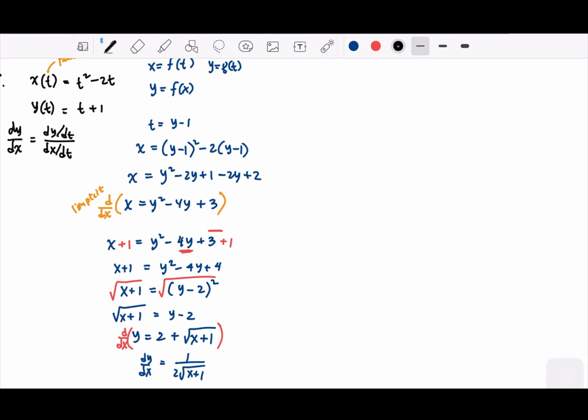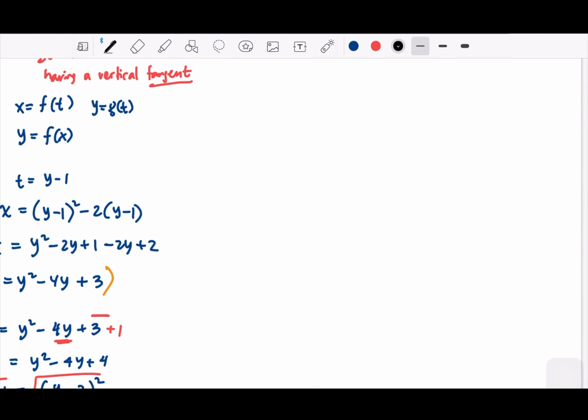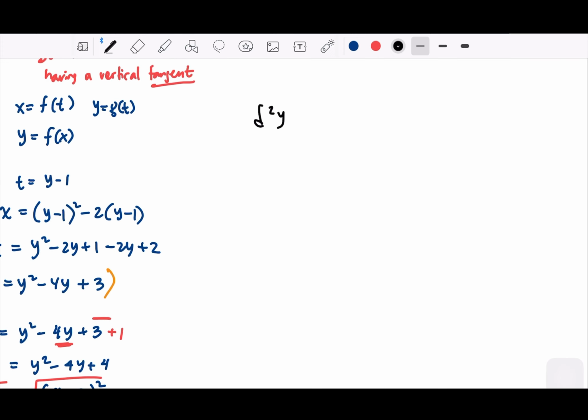And remember that if you want to have the second derivative, we start from this.